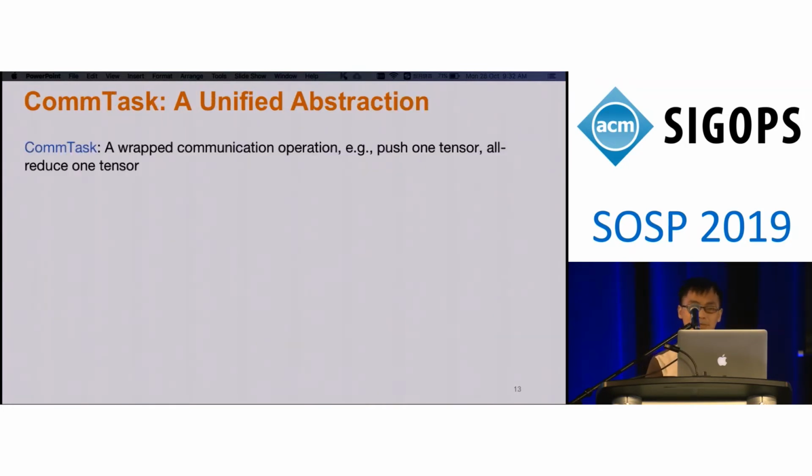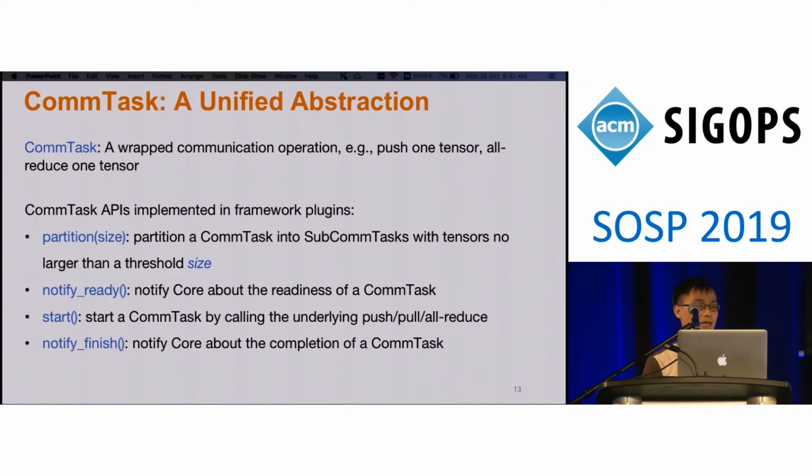The unified abstraction, CommTask, is a wrapped communication operation, like push one tensor, pull one tensor, or all-reduce one tensor. It abstracts framework-specific implementation details and exposes 4 interfaces. The first interface is partition.